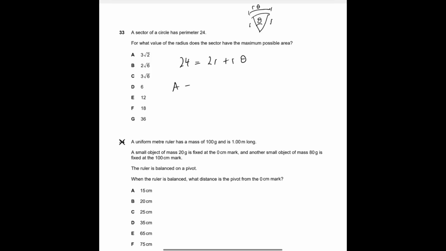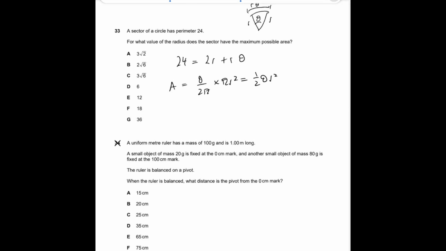And the area is going to be theta over 2 pi times pi r squared, which is half theta r squared. So yeah, this means that theta equals 24 minus 2r over r.